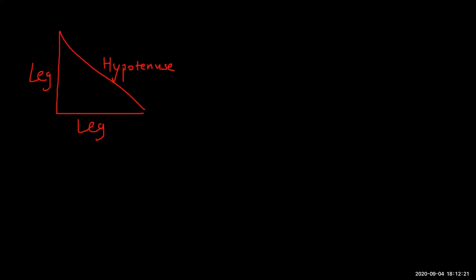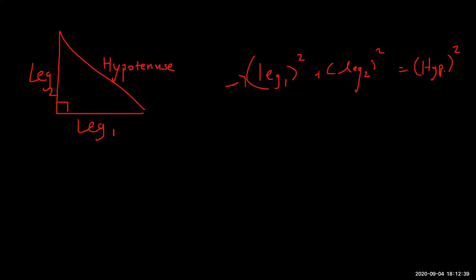And so I guess another way you could write this is leg 1 squared plus leg 2 squared equals hypotenuse, HYP for short, squared. So that's another way of writing it, but most people write it as A squared plus B squared equals C squared because it's the easiest.